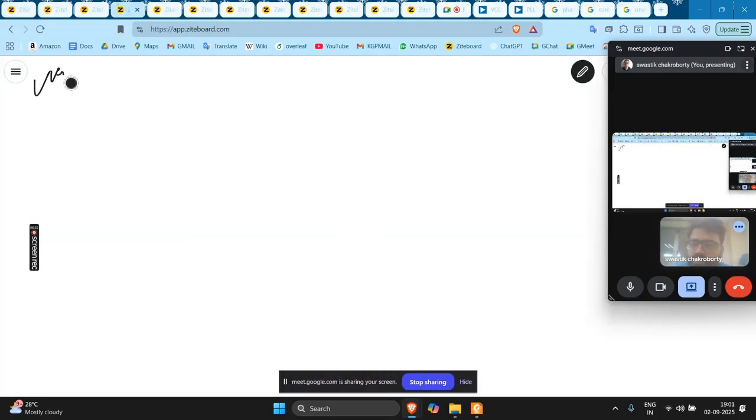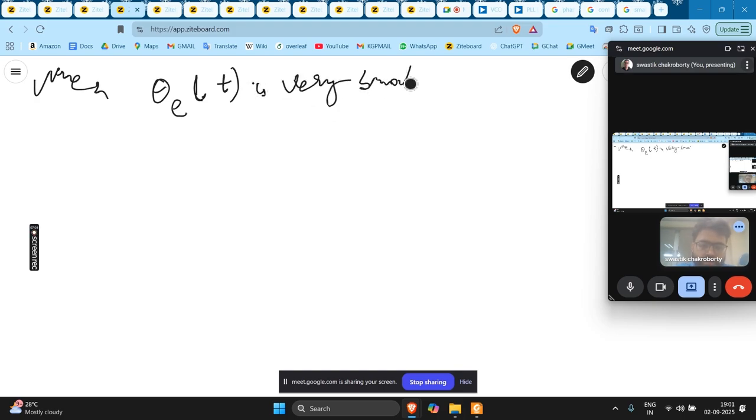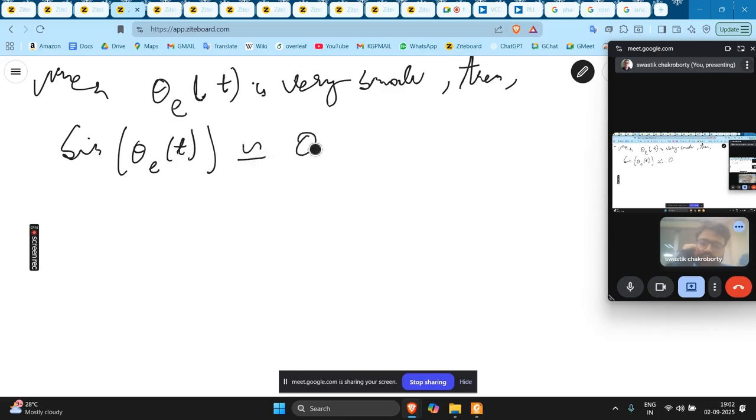When theta e(t) is very small, then sine theta e(t) is approximately theta e(t).